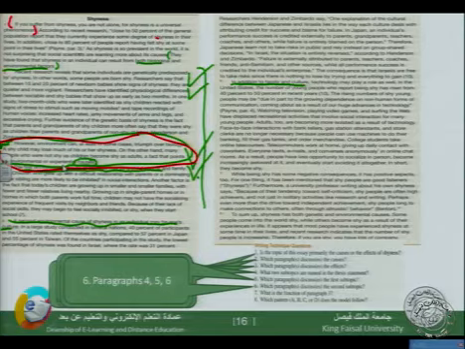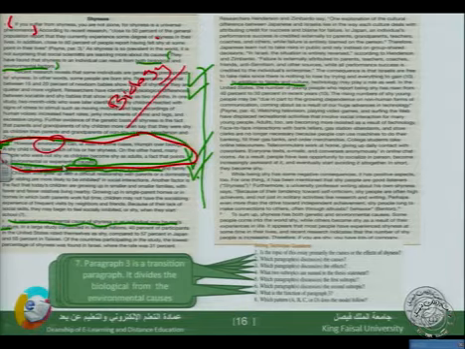Here he talked about the biological, which is the first subtopic. To move to another subtopic, the writer uses the transition paragraph to talk about the environmental. So paragraph 3 is a transition paragraph. It divides the biological from the environmental factors. Here he talked about environmental factors.